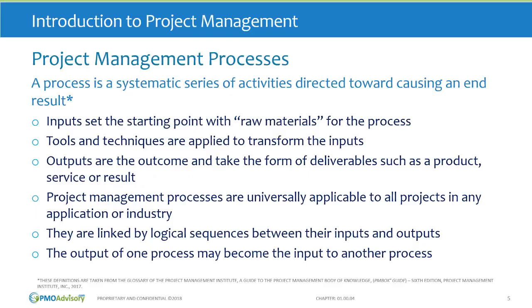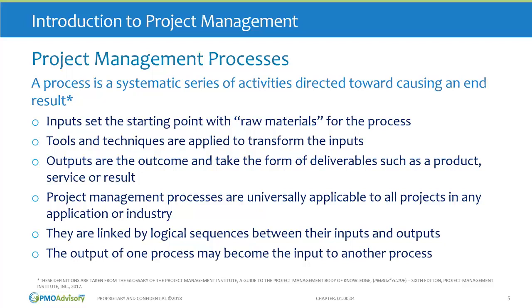The first thing to ask is, what is a process? A process is a systematic series of activities directed toward causing an end result. So we start with inputs that are the raw materials for the process.